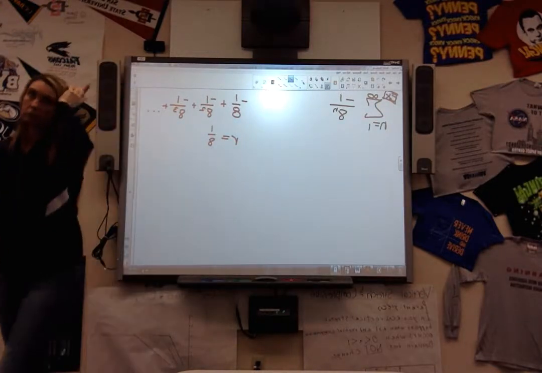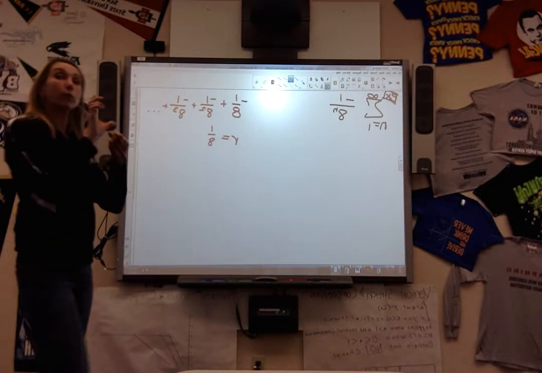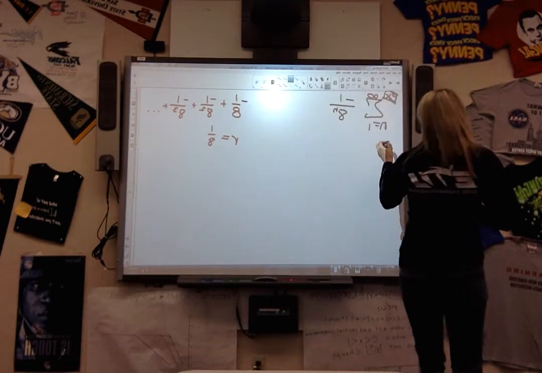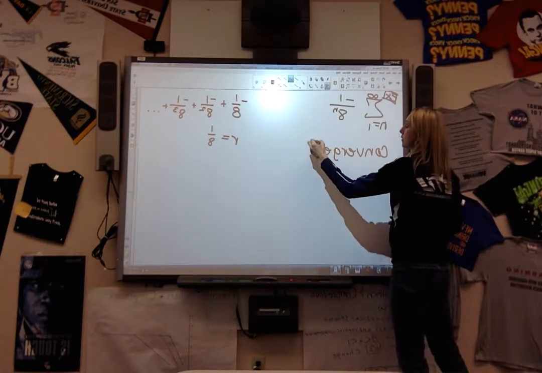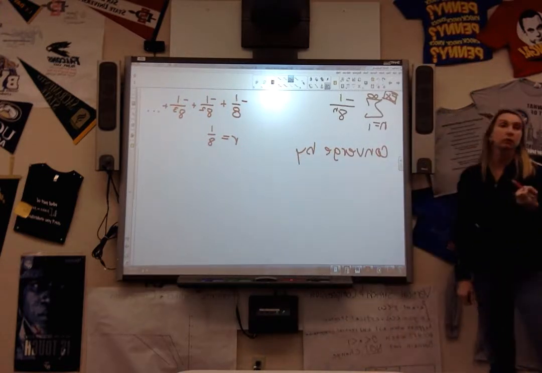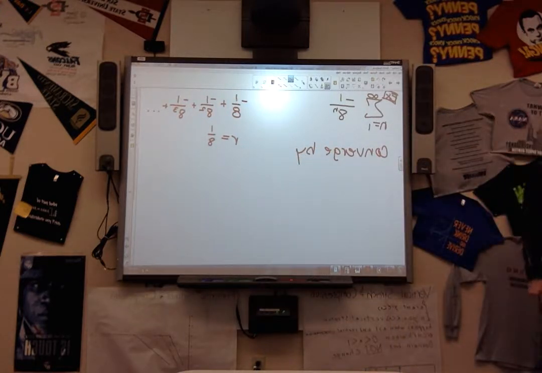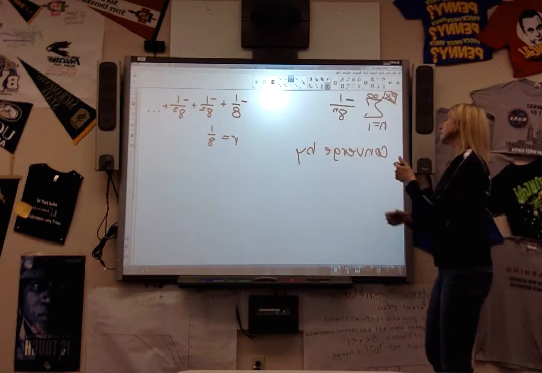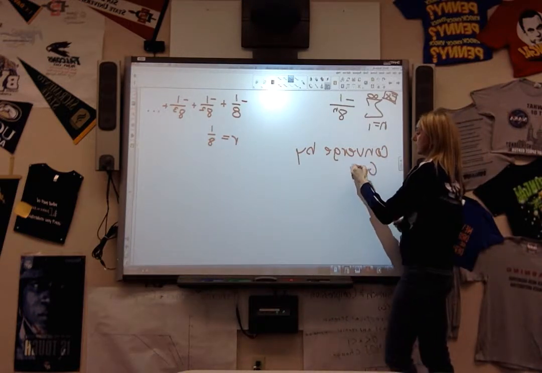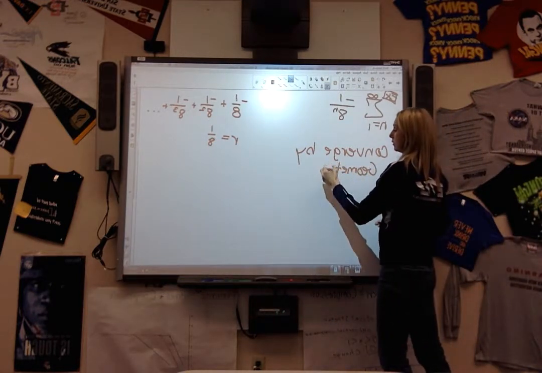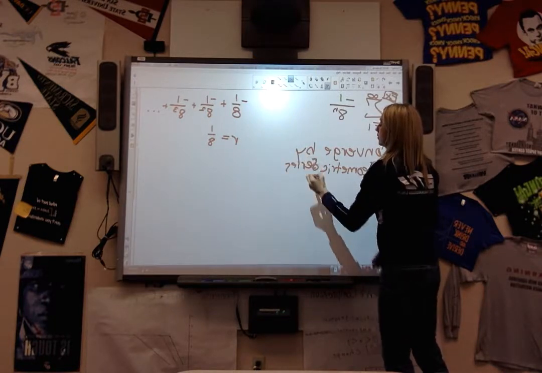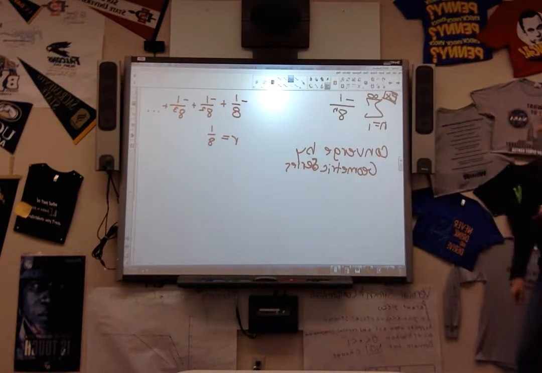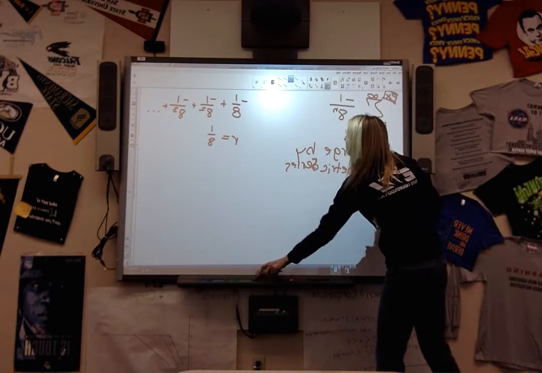Converge or diverge? Okay, so let's work on writing it. The first thing that you have to tell me is converge or diverge. So you're going to say it converges. Then tell the test: it converges by geometric series.